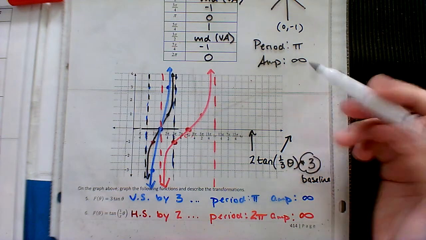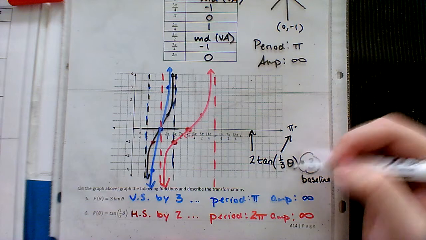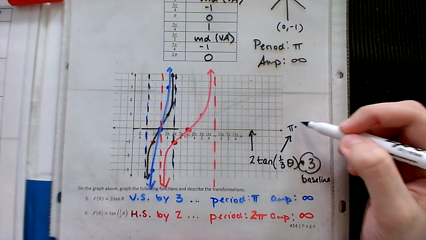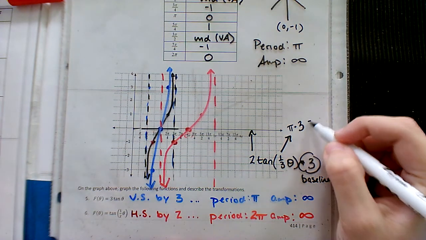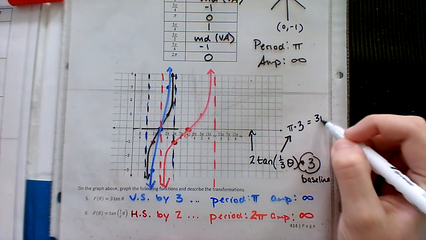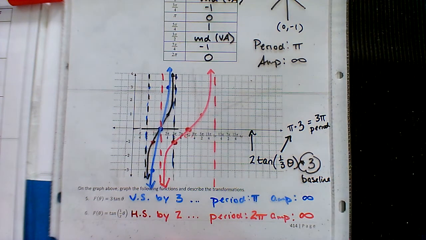Close. Okay, so if this is 1/3, we have to take the original period times the reciprocal of that. It's the opposite of what you would think. All right, so our period would be 3 pi. It's originally pi, but we're tripling it, so that turns into 3 pi.